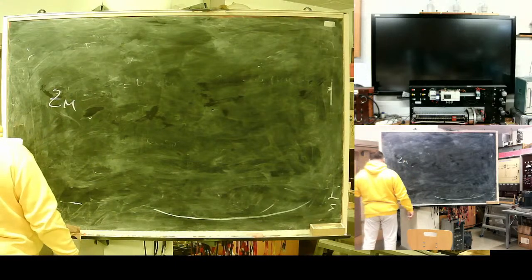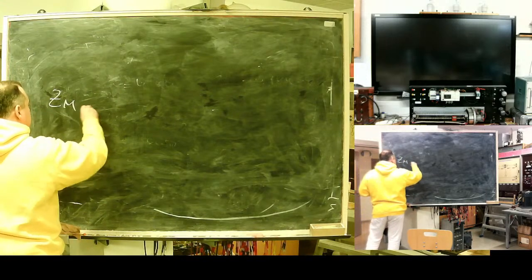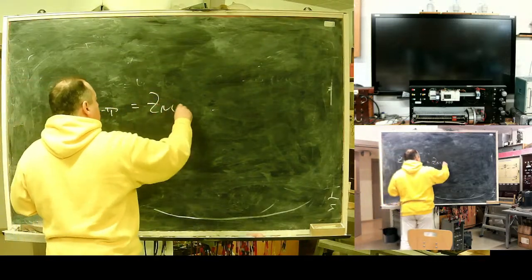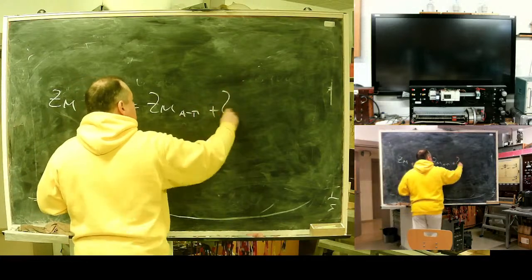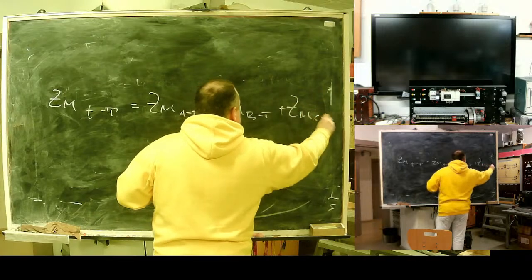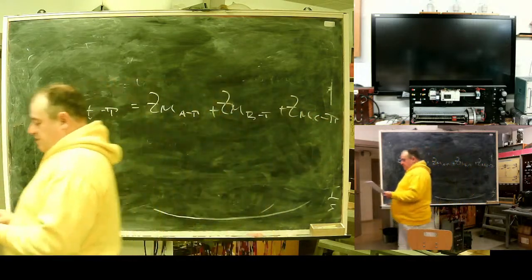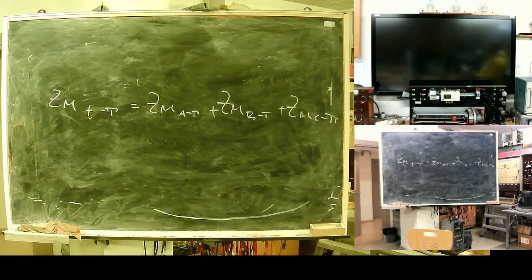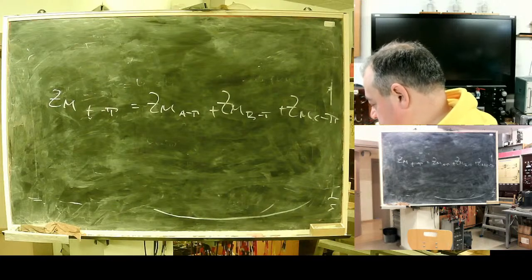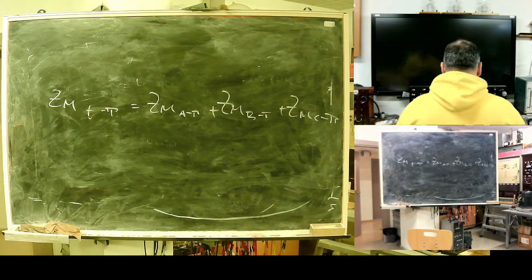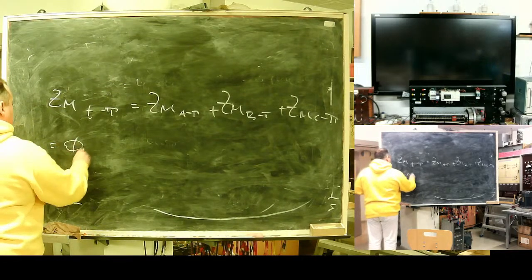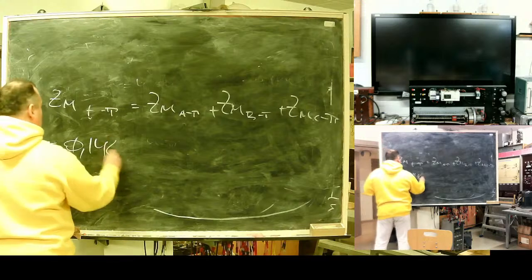Average Z mutual cross will be ZMA cross plus ZMB cross plus ZMC cross, all three phases. This will give me, for 50 Hz, 0.1482.